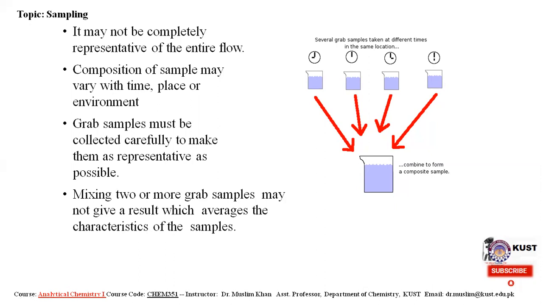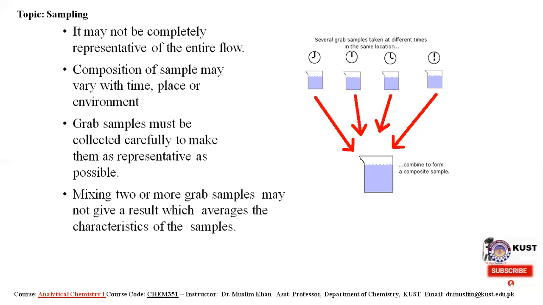The composition of a sample may vary with time, place, or environment. So that's why for a grab sample, you should take several grab samples at different times and then mix these samples with each other, but in the same location, because the composition of a sample may vary with time, place, or environment.